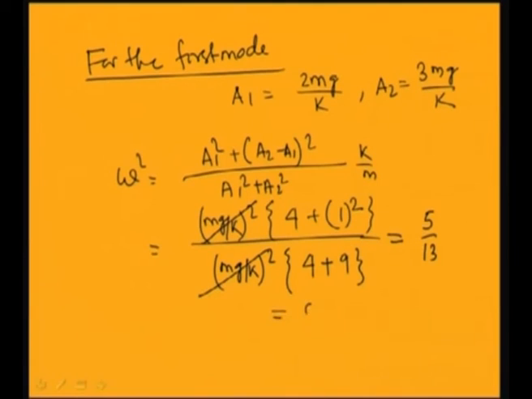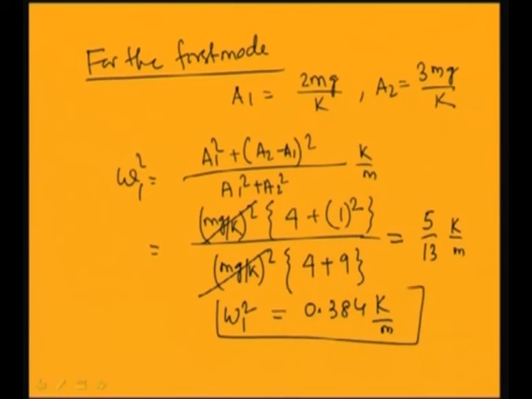So this is equal to 0.384 k by m. This is omega 1 square, since we are finding it for the first mode, so omega 1 will be the root of this. So this becomes 0.62 root over k by m.